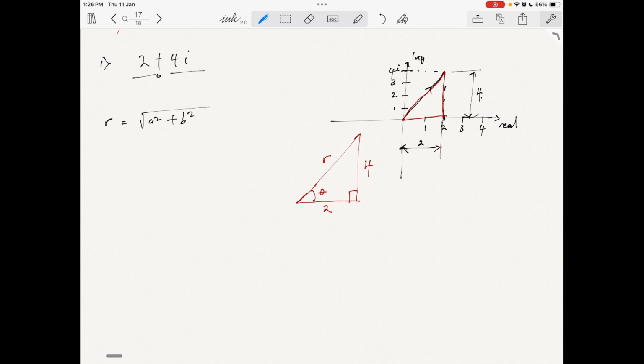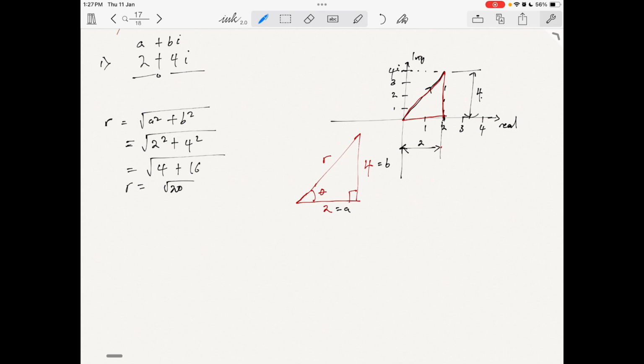And we know that this is our b, and this is our a, because we are writing in the format of a plus bi. So this will give us 2 squared plus 4 squared, which is 4 plus 16, and that will give us root 20.